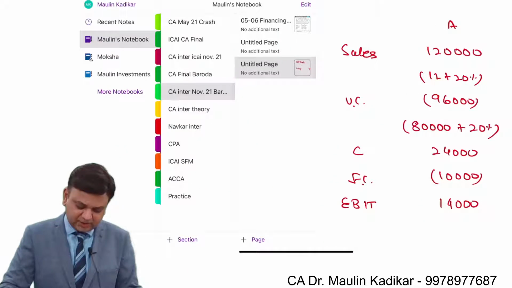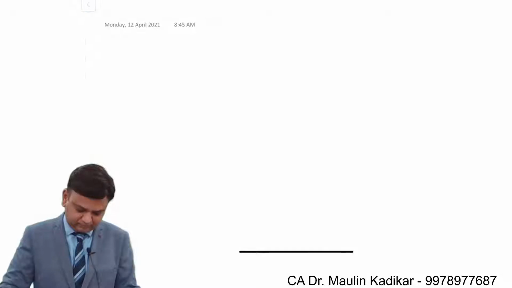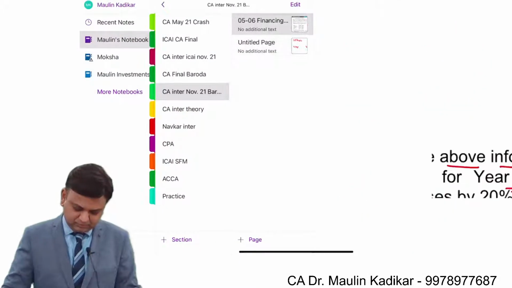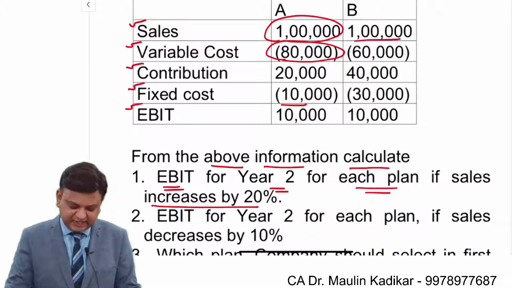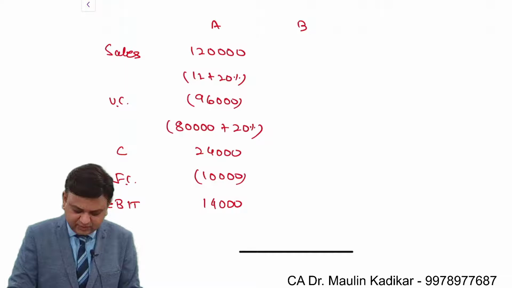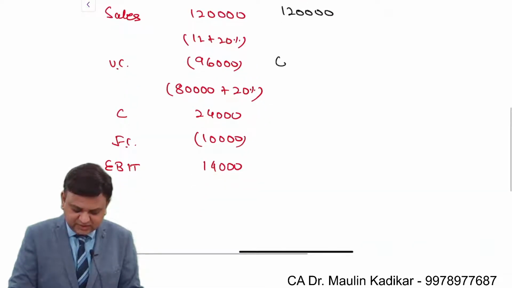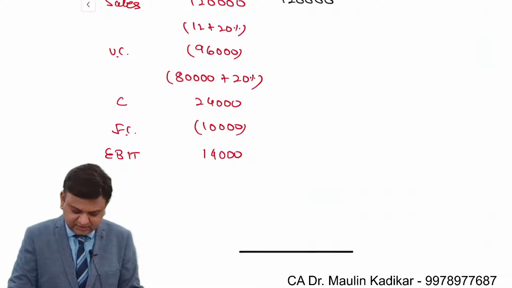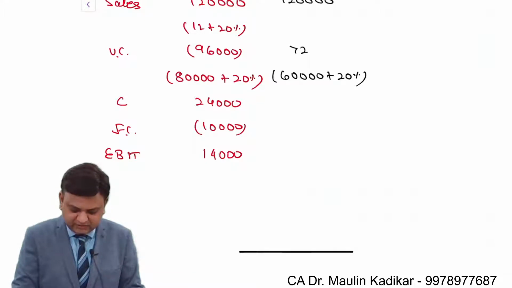Let us think about plan B now. Plan B sales is 1 lakh, so again it will increase to 1,20,000. Variable cost is 60,000, it will increase by 20%, 60,000 plus 20%, that comes to 72,000.